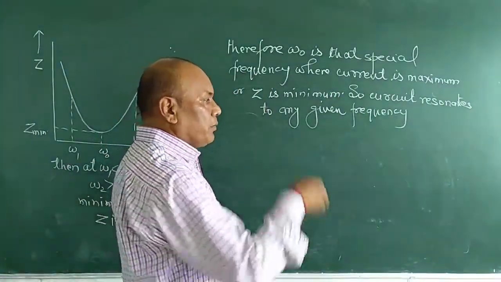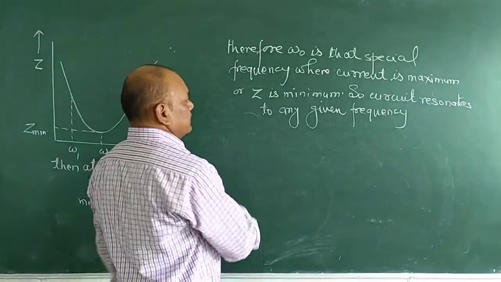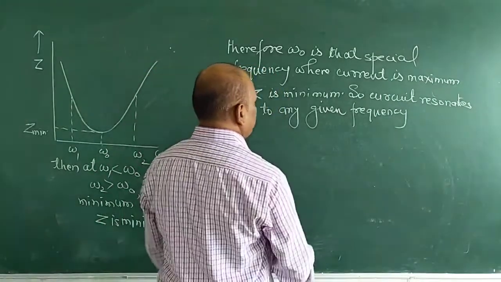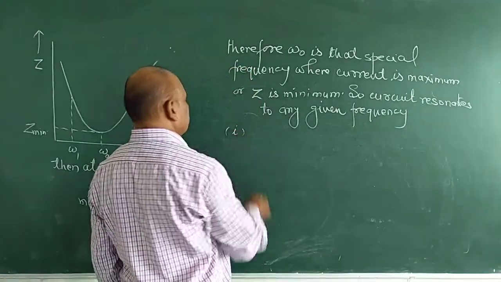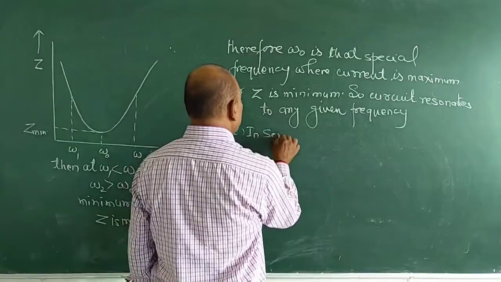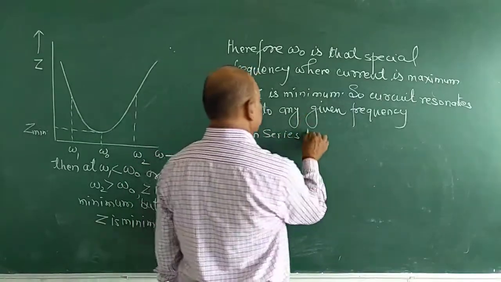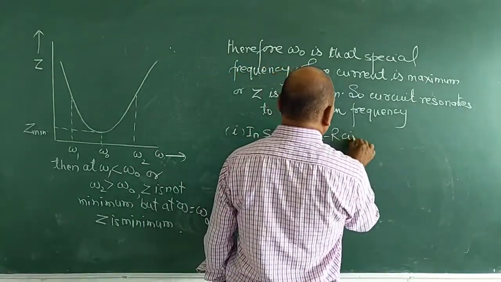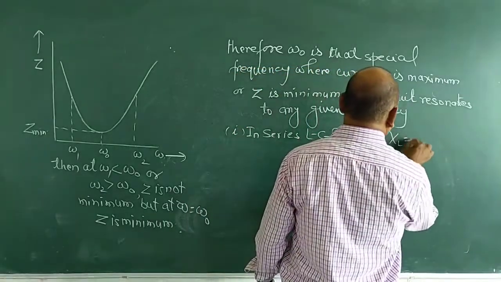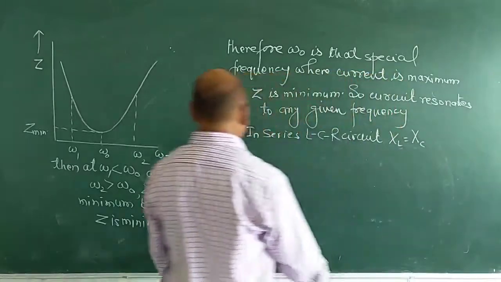So in this case the following points are very important. First, in series LCR circuit, XL is equal to XC.